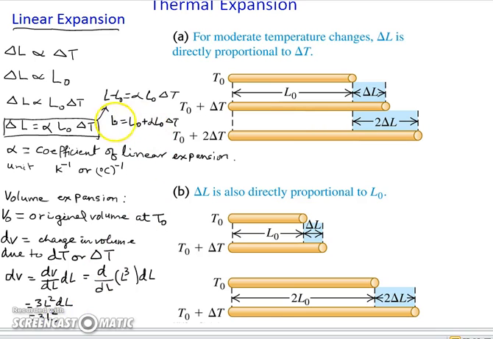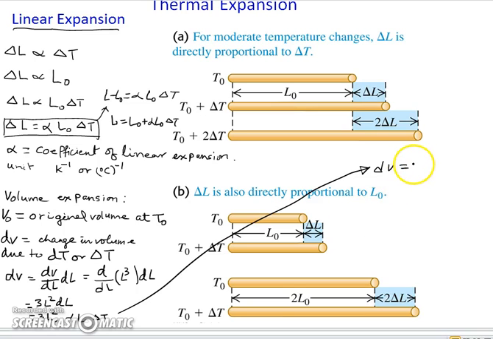And then dL, if I take the derivative dL, or take the difference, dL is alpha L naught delta T. So that's the change. And if you do this math here, let me jump down here, I'm running out of space. I can write dV is equal to this L naught squared, and L naught becomes L naught cube.